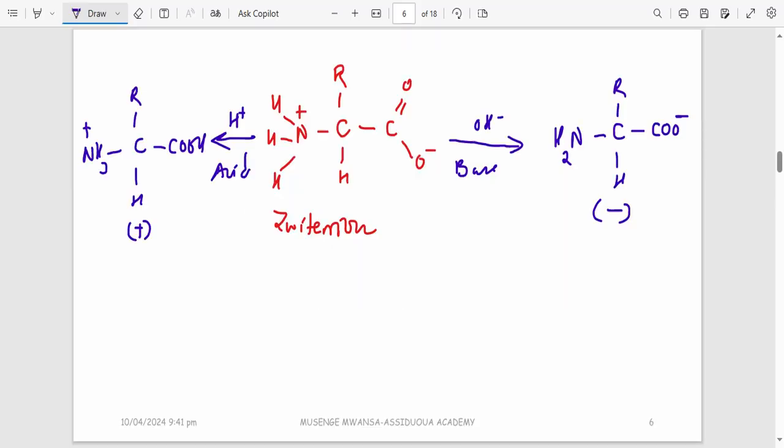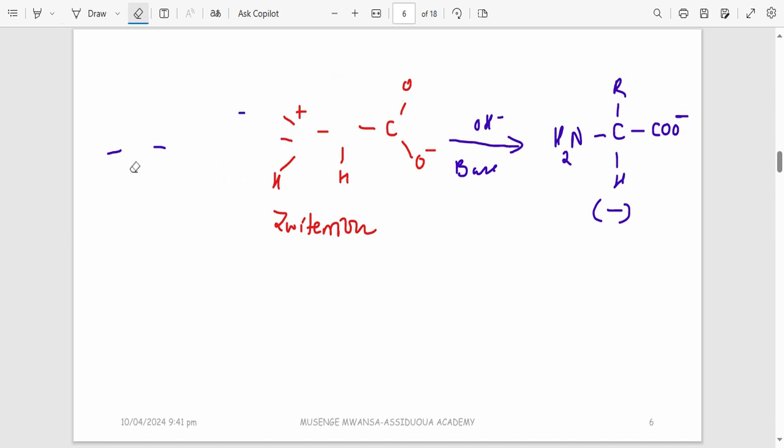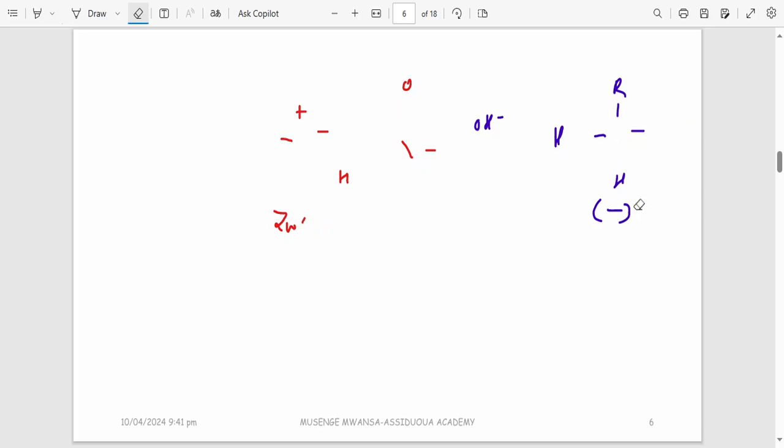Amino acids have got levels of protein structure. You are going to have the primary level, the secondary level, the tertiary, and the quaternary. You need to understand what they are, and some examples are very important. So what are we talking about?